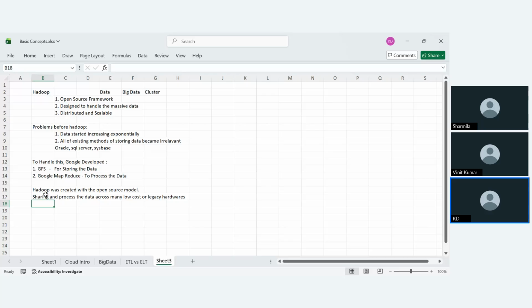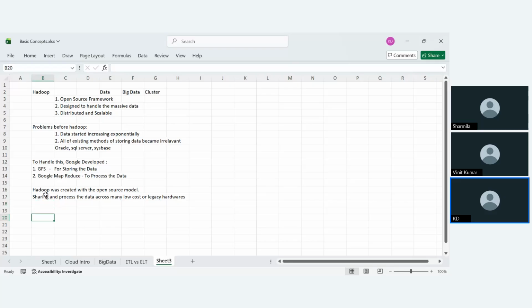These two developed Hadoop, and to implement Hadoop, people did not require very high end hardware or servers. Even on small systems, Hadoop could be implemented.